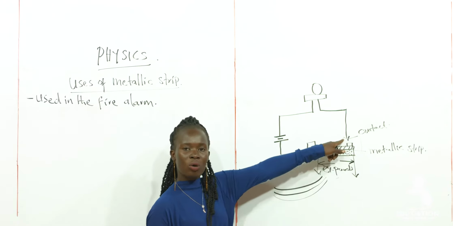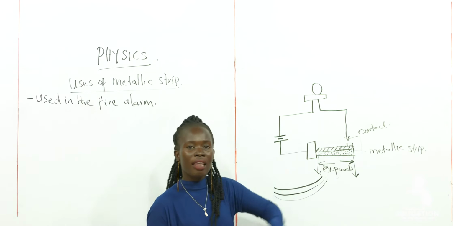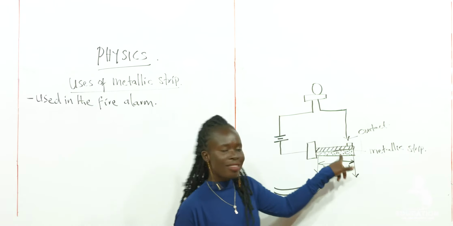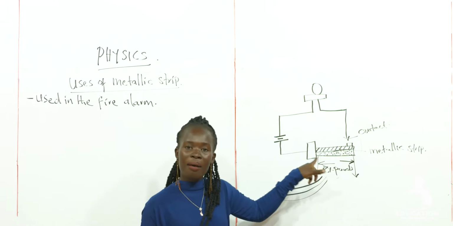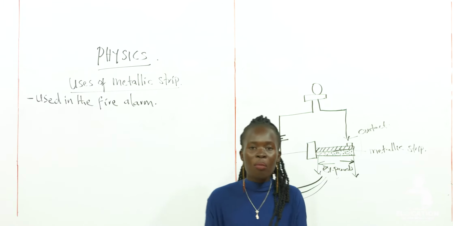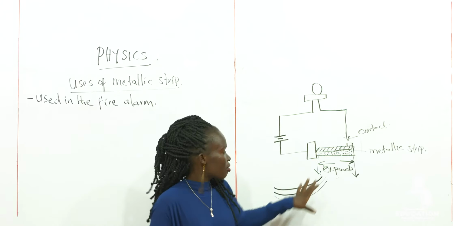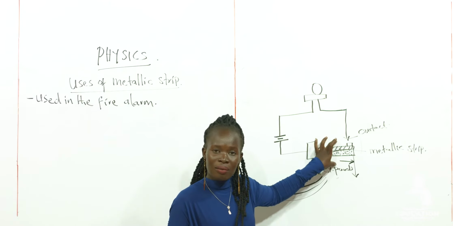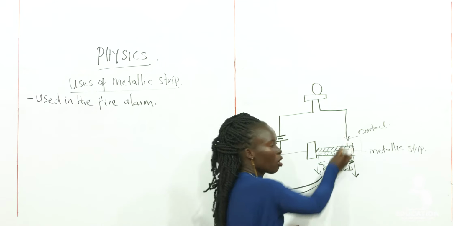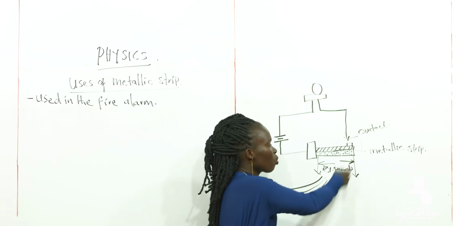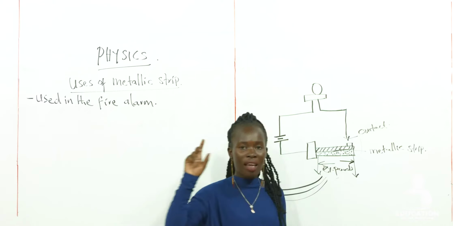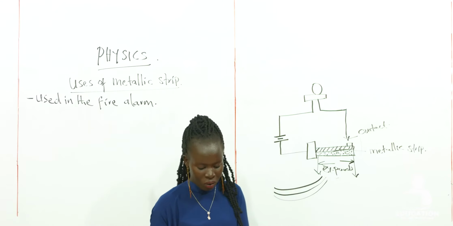When it hits this contact, you will hear the alarm sounding. This alarm is sounding because the metallic strip in the fire alarm acts as the switch. The moment the heat increases, this detects it and expands. When it expands, it makes a contact with that, and since it is making a contact, it acts as the switch. Then you hear the alarm making the sound.